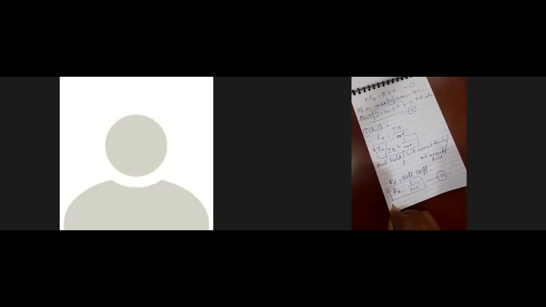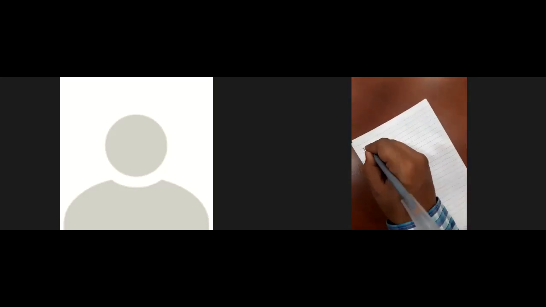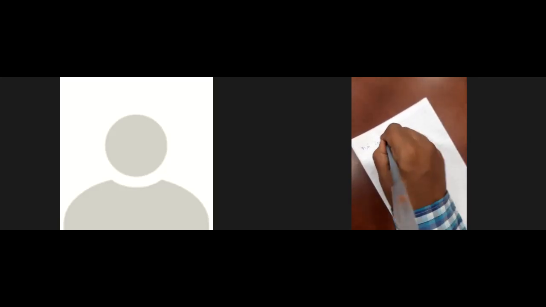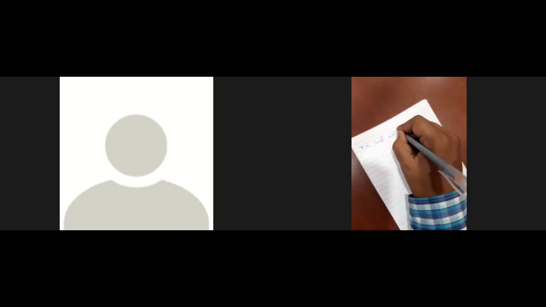For generalization, we consider RH equal to small r by N0 into E, where small r is a constant, not much different from unity.